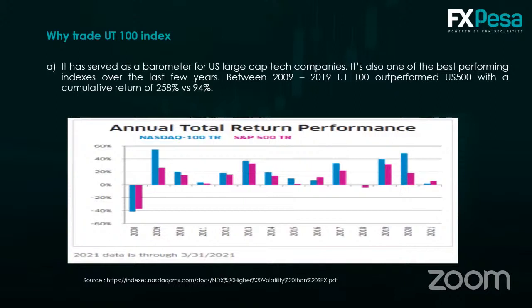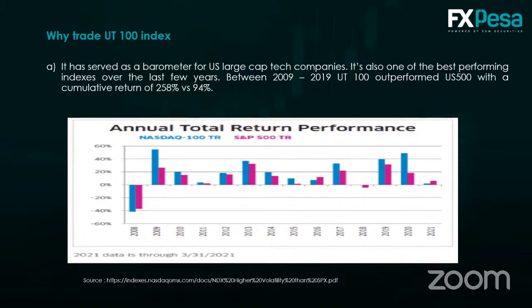So if you look at the performance of NASDAQ versus the performance of S&P 500 or US 500. So in our platforms, S&P 500 is coded as US 500. You will notice that UT 100 was able to outperform US 500 with a cumulative return of 258% against 94% for US 500.